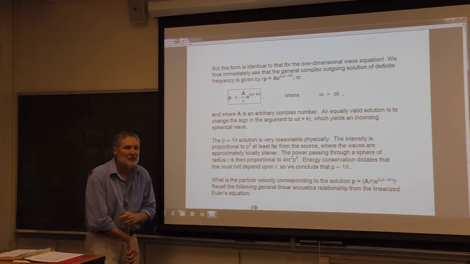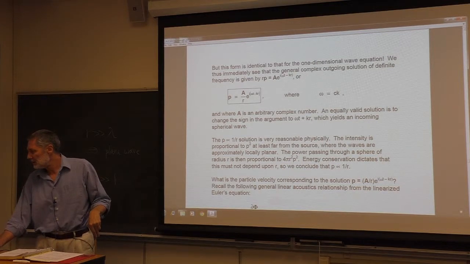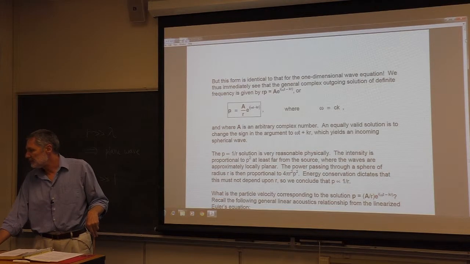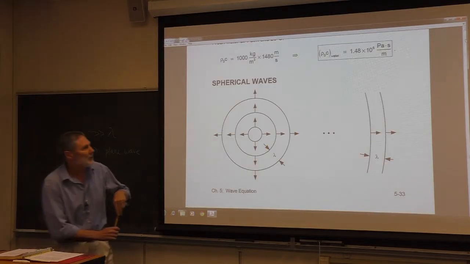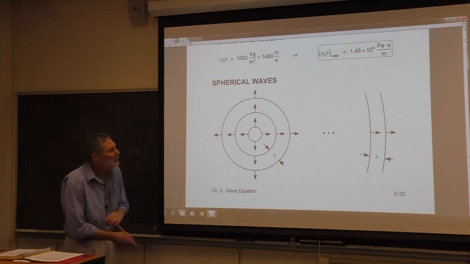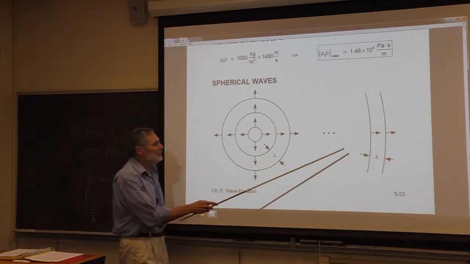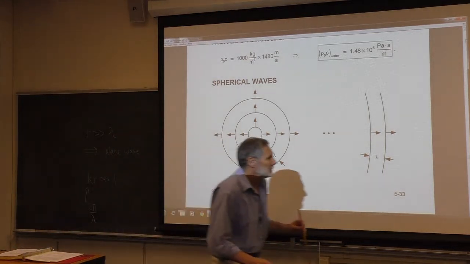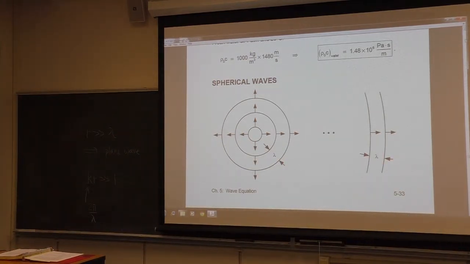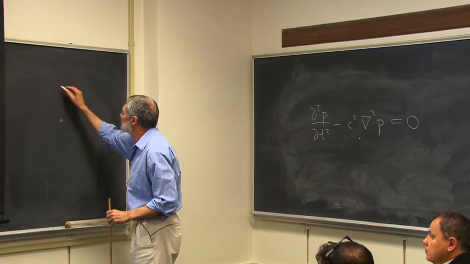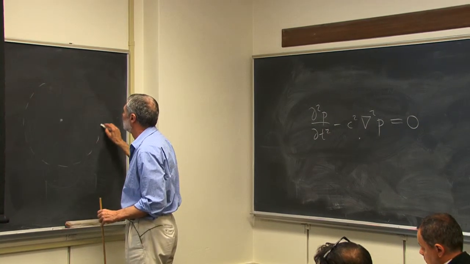So the amplitude of the pressure is inversely proportional to r. Why is that? Well, if we look far away from the source, sufficiently far, we have an approximate plane wave. I know that the energy passing through a sphere. So here's our source. I'm going to draw a sphere right here.